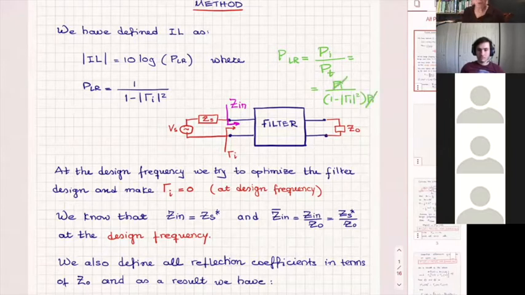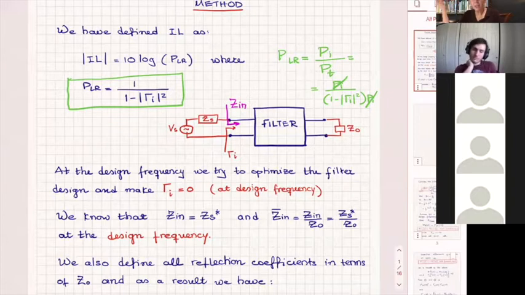These two cancel out to give us this. That is nothing else but what is called the insertion loss ratio. We define it like that.